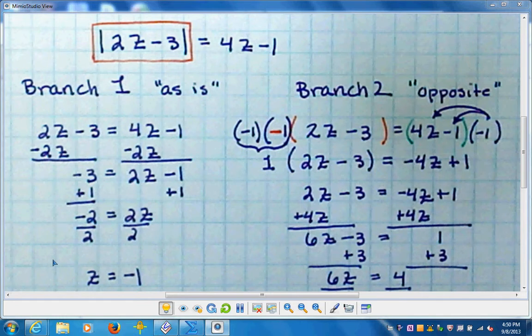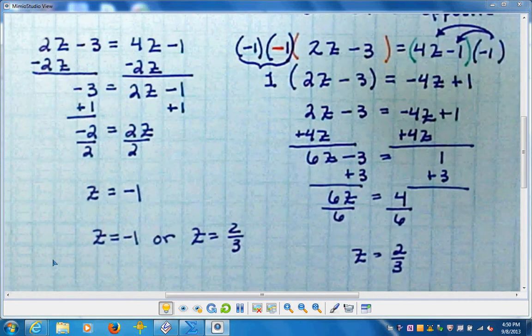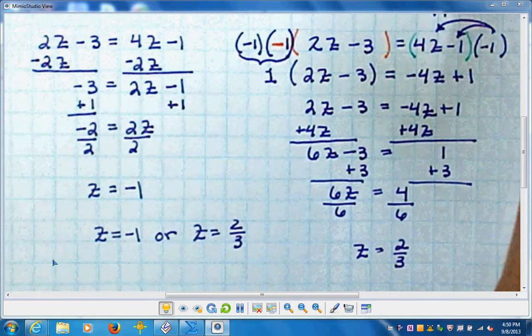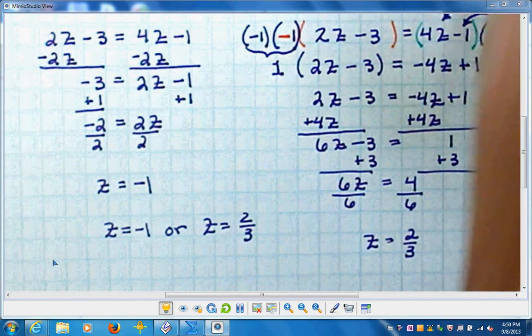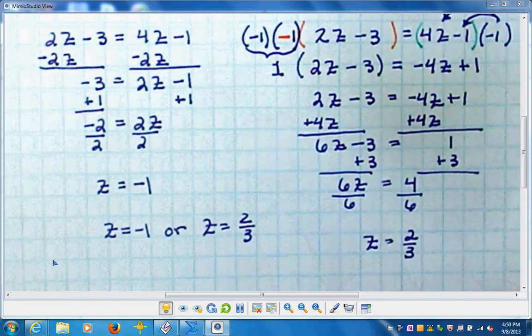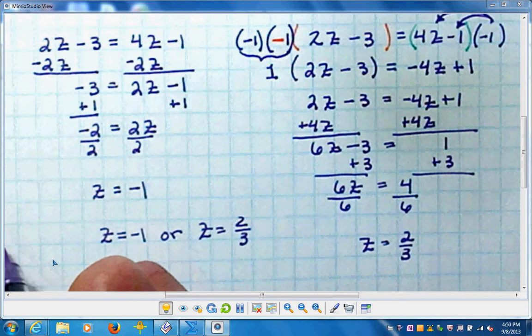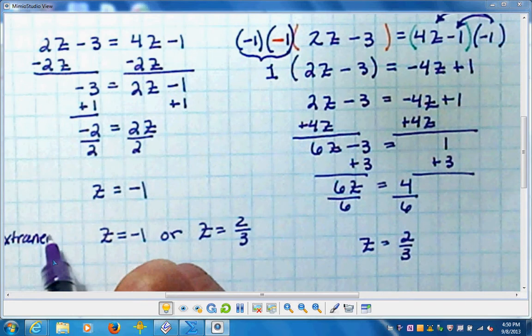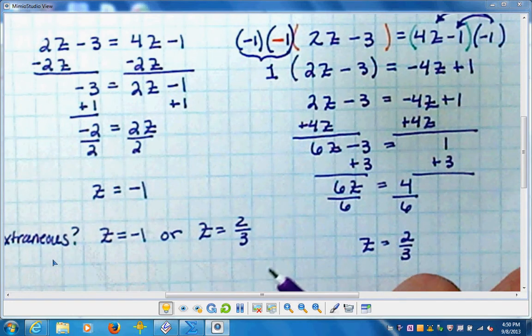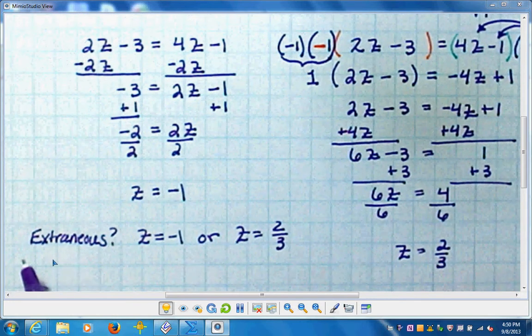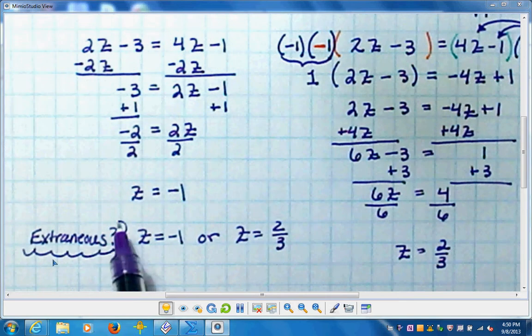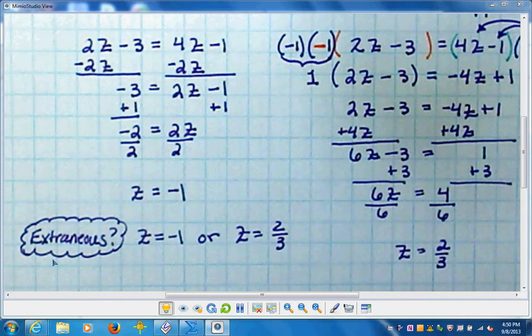So remember, when an answer is not correct, in the sense that when we put it back in, it's not going to work, we call that extraneous. So we've got to ask ourselves, could one of these answers possibly be extraneous?